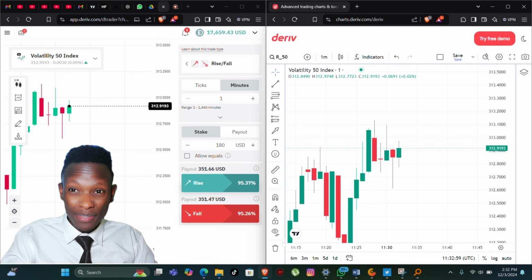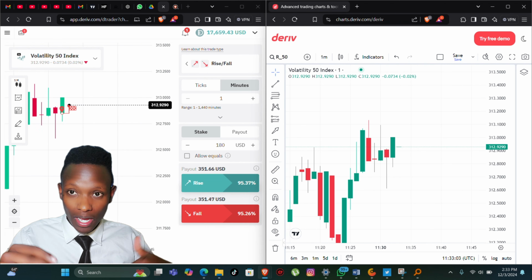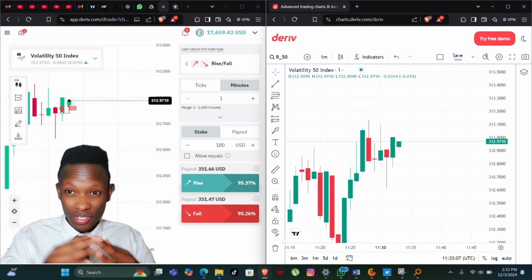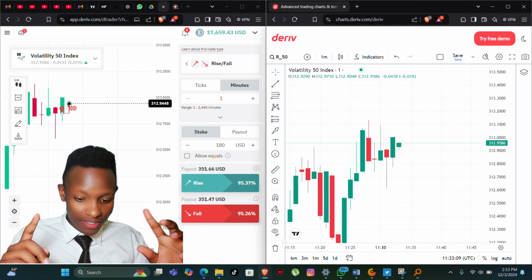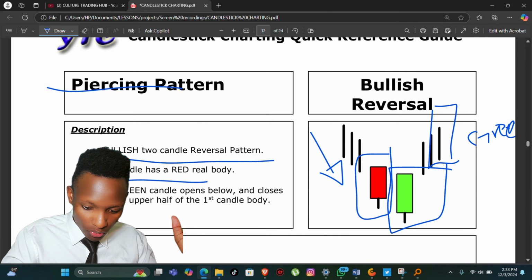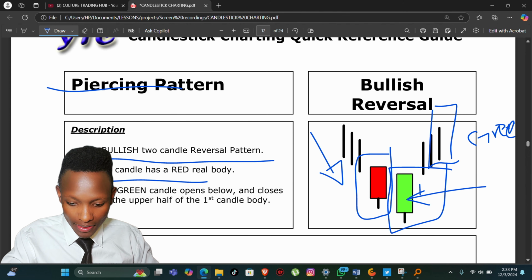But that is a full step-by-step guide on how to execute your trade on time. Immediately your pattern has been formed, which is this, then you execute on the 58th second for this candle.